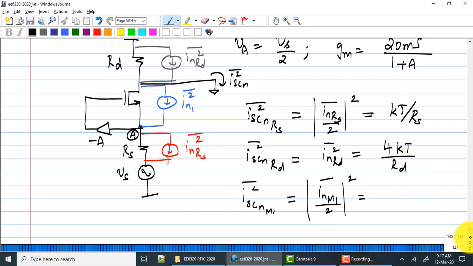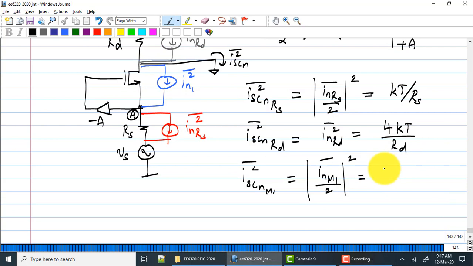So 4kT gamma GM. All of these are okay? Three expressions. The output noise has three components, one from RD, one from RS, one from M1. We assume A is noiseless.